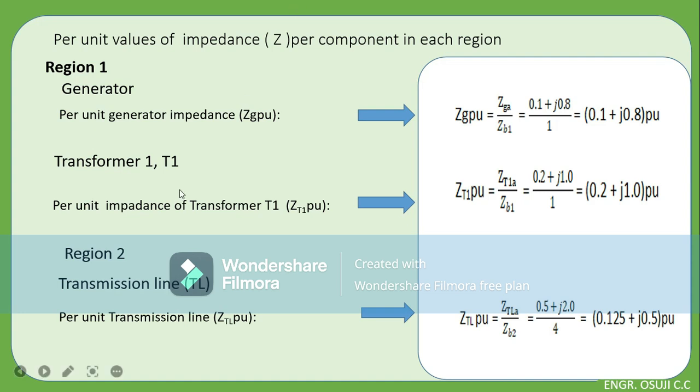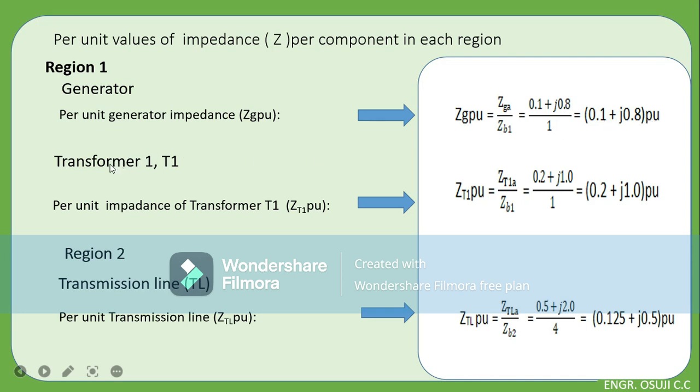From our calculation, the base impedance for region 1 was 1. So this is the actual impedance given for the generator, as you will see if you refer back to our diagram or the power system network. When we divide that, we arrive at our per unit value.